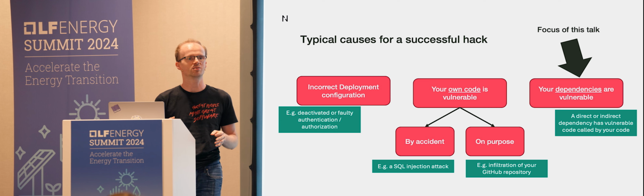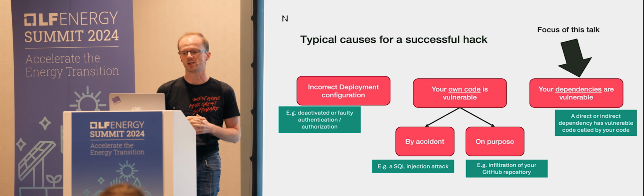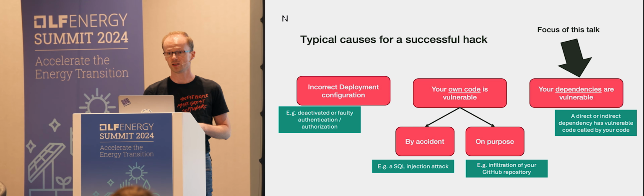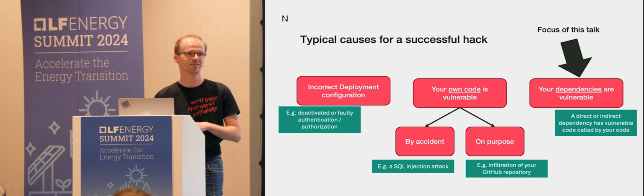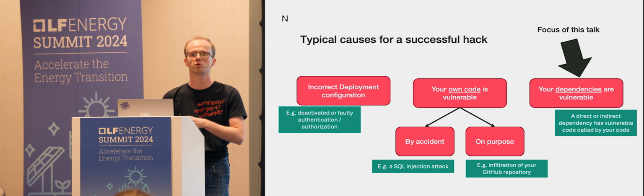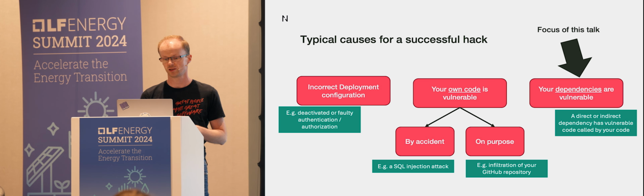I'm not going into details, but in any way they can attack, an outsider can attack your application because you messed up. Or someone else, not part of your team, infiltrated your source code repository somehow, and they contributed malicious code, as happened with the XZ backdoor that I showed before, this news article.